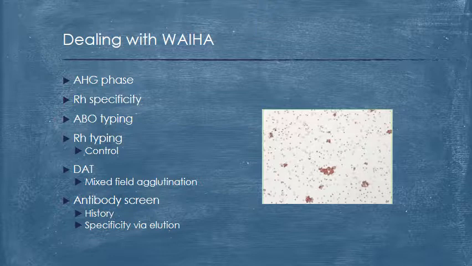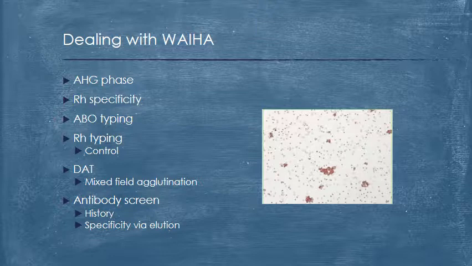However, they may be able to activate complement. And so if you use an enzyme technique, you'll be able to enhance the complement activity, and you'll be able to see that earlier. Okay. As a general rule, these autoantibodies won't interfere with your ABO typing since they don't agglutinate at room temperature. So you should still be able to perform ABO typing normally.